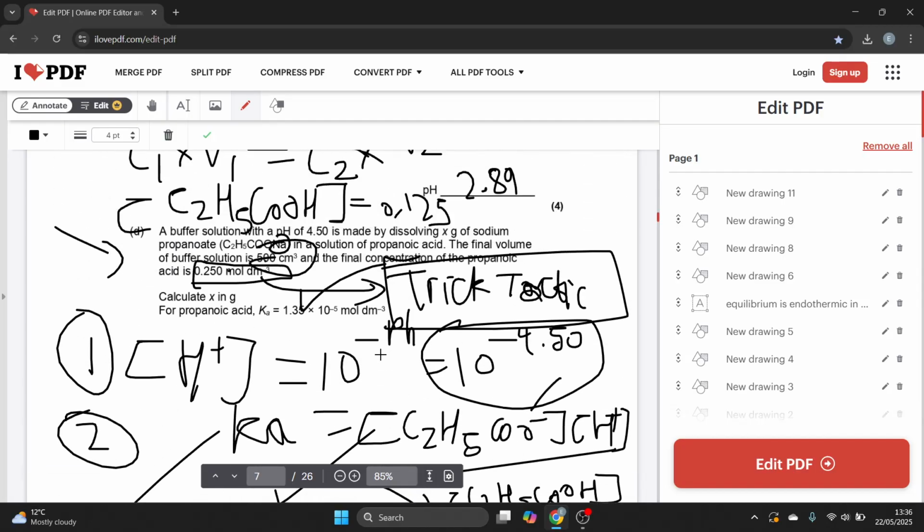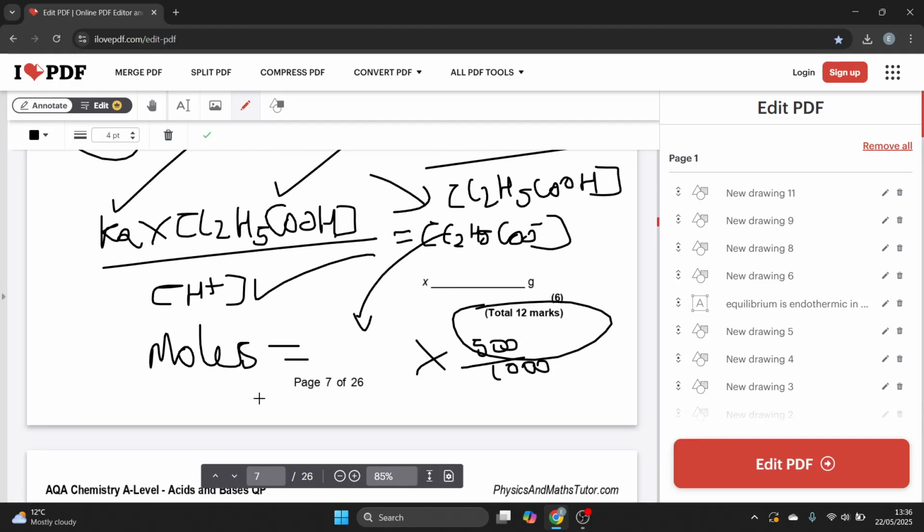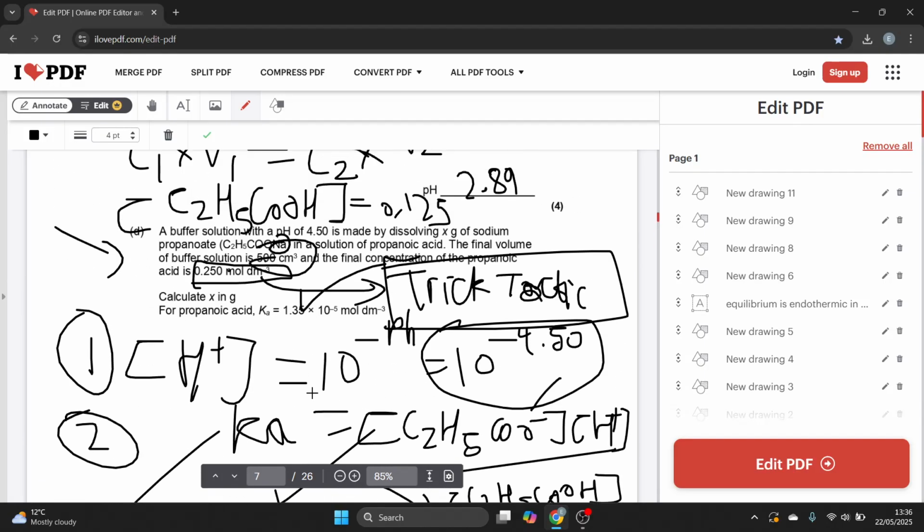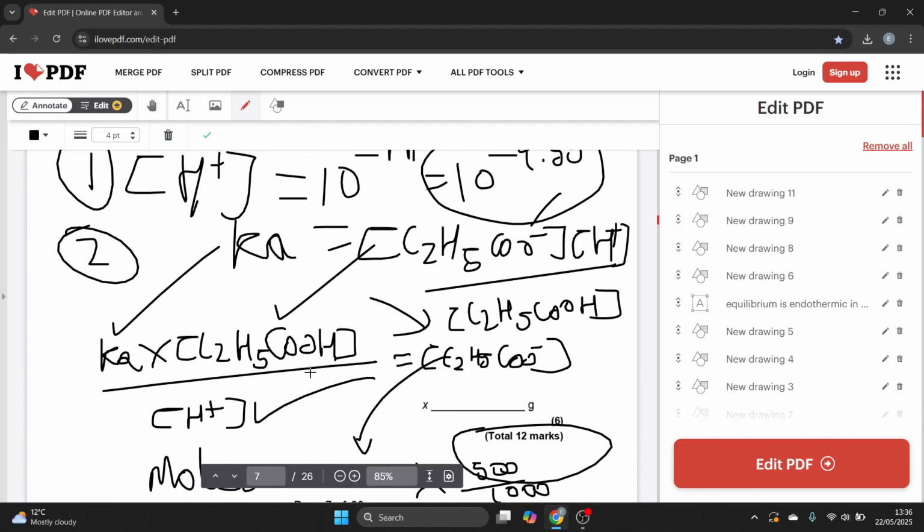And then I want to work out the mass. The mass is the moles times the Mr of sodium propanoate, which is 96. And then I get my final answer as 5.13 grams.